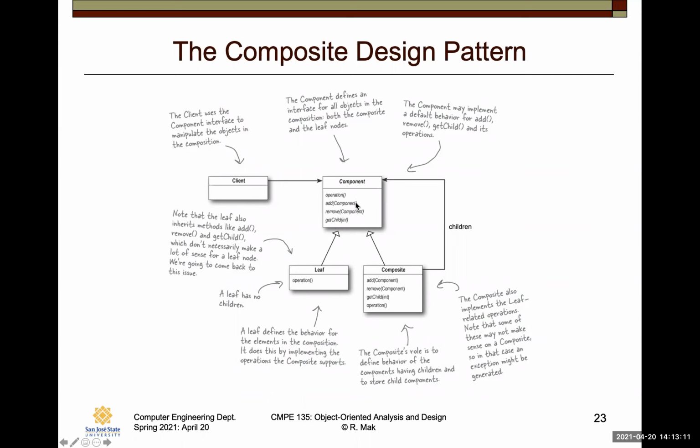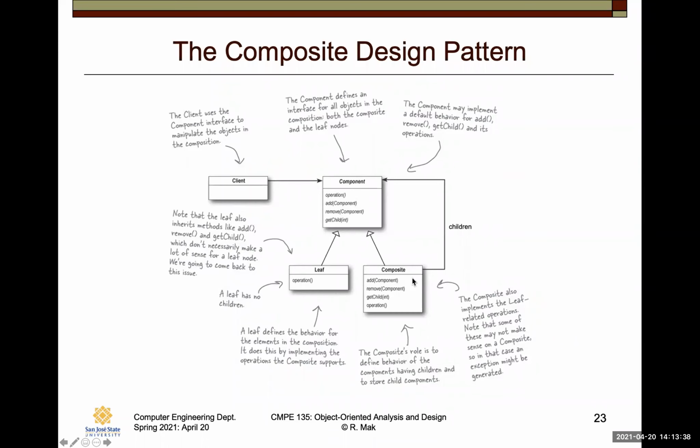I didn't show you removing a child component, or getting a particular child. All I showed you was basically add and print. And here we can have a leaf node. It is a subclass of component, and you can perform the operation on the leaf node, namely print.